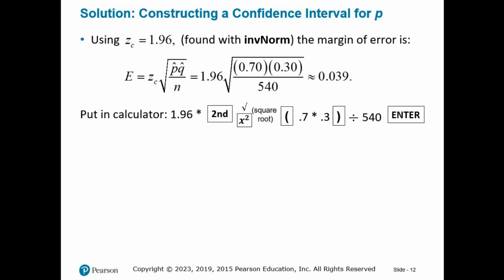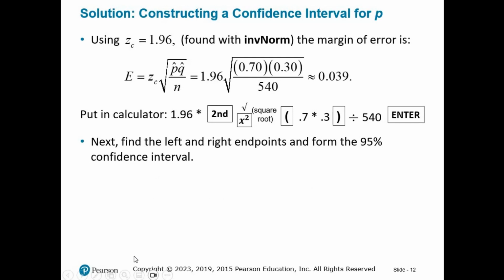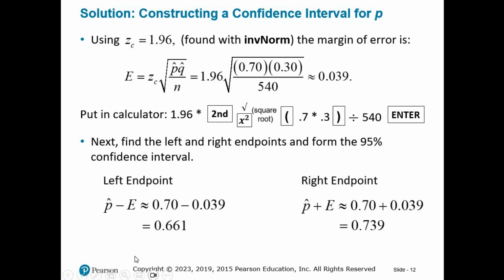Basically, I put parentheses around my numerator within the square root sign. Okay, so my result was 0.039. Next, all I have to do is find my left and right endpoints by subtracting that number from p hat, which we found earlier to be 0.7.